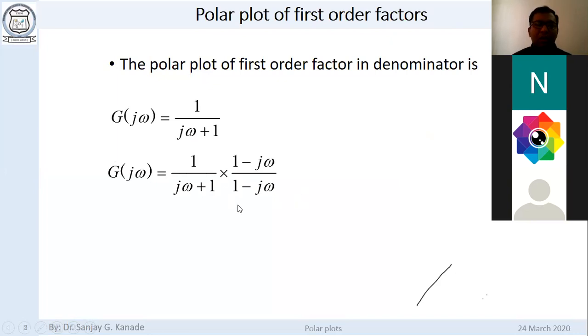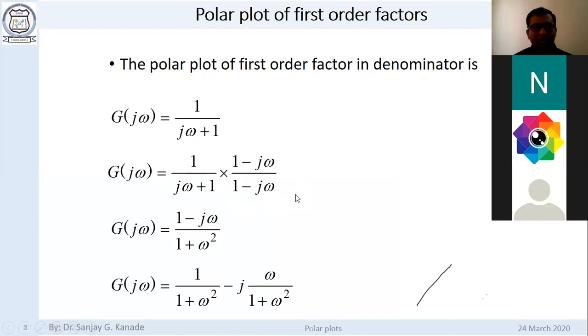So first we convert it into real and imaginary sections. We have just multiplied the numerator and denominator by 1 minus j omega, the complex conjugate of 1 plus j omega, which was in the denominator. Multiplication of these two gives 1 plus omega square.